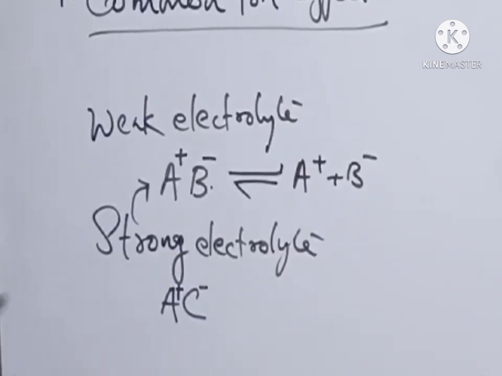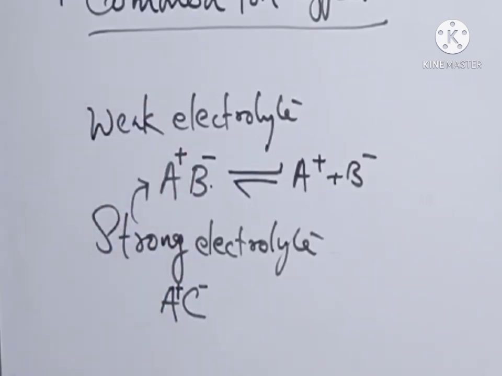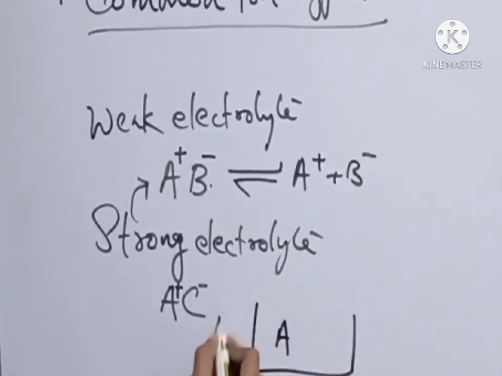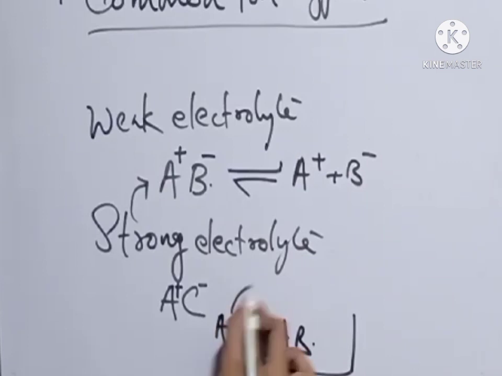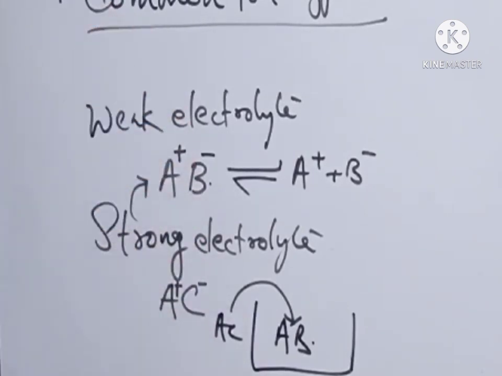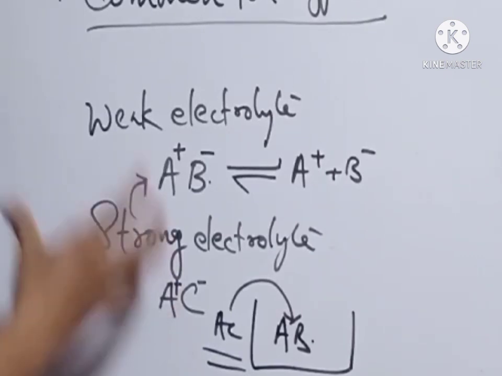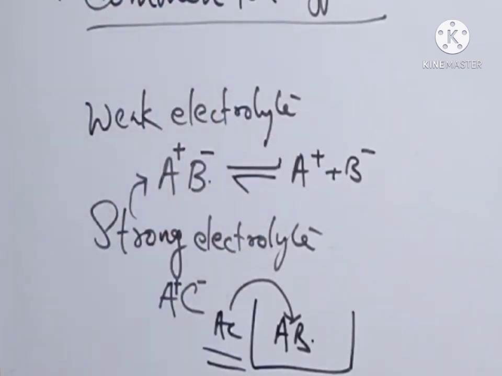So what happens when we add a strong electrolyte into a weak electrolyte? We are going to add AC into AB. The dissociation of the weak electrolyte is suppressed by the addition of the strong electrolyte, and the phenomenon is known as common ion effect.